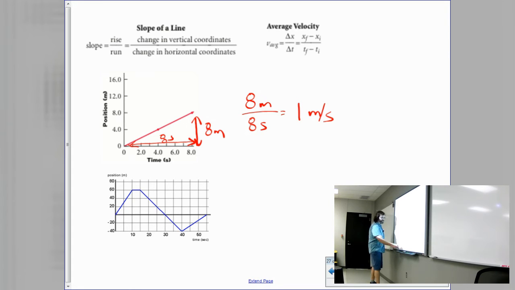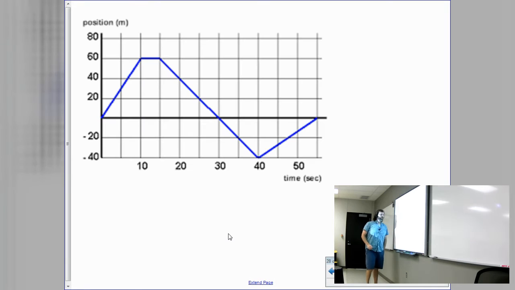So now let's take a look at the blue graph. The blue graph is a little bit more complex. It has different portions of the graph at different spots. Let me actually make this one whole page. Okay, now we can analyze this graph a little bit better because it's larger.